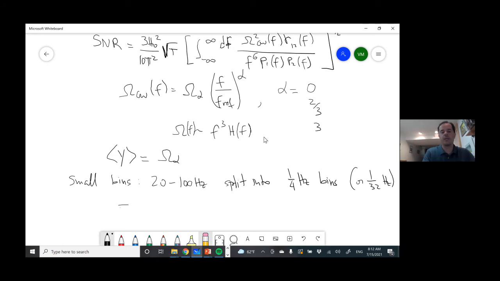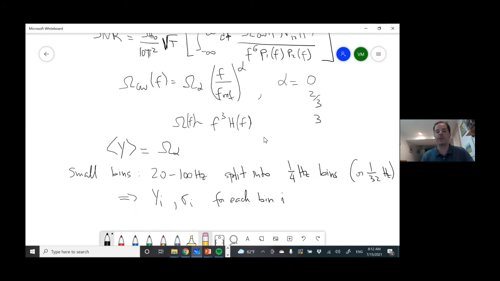As a result, we will have the estimator y sub i and its corresponding uncertainty sigma sub i for each frequency bin i. So now, instead of having one measurement of omega alpha, we may have 100 measurements of omega alpha, one for each small frequency bin.